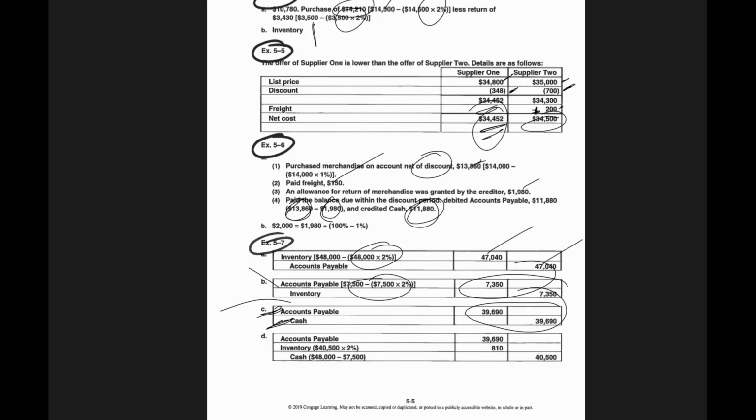So in this case, we still get the AP out, $39,690. That's still the same amount. Nothing has changed there. However, we put it into inventory with that 2% discount, assuming that we were going to pay it within 10 days. We didn't. So therefore, that 2% needs to be added back.